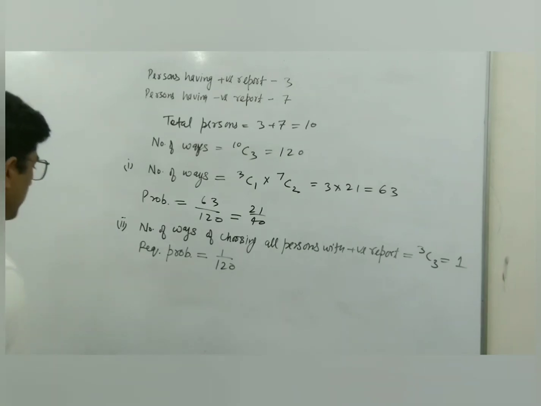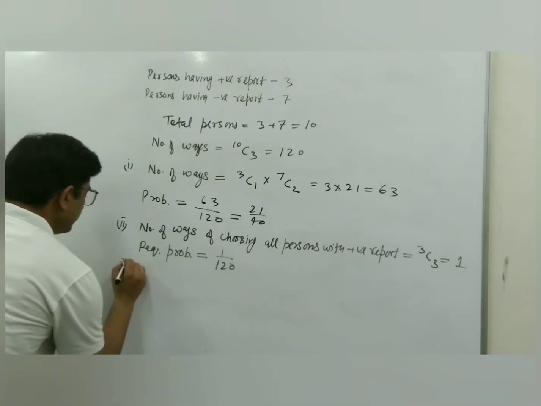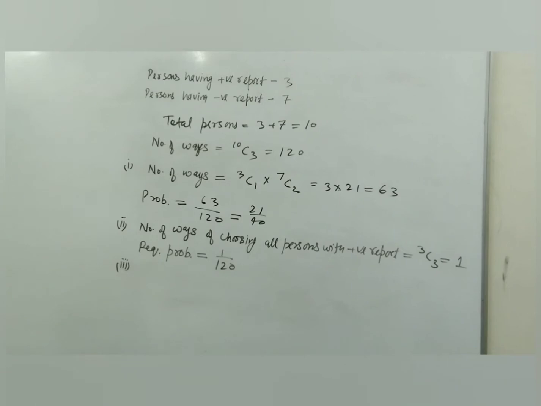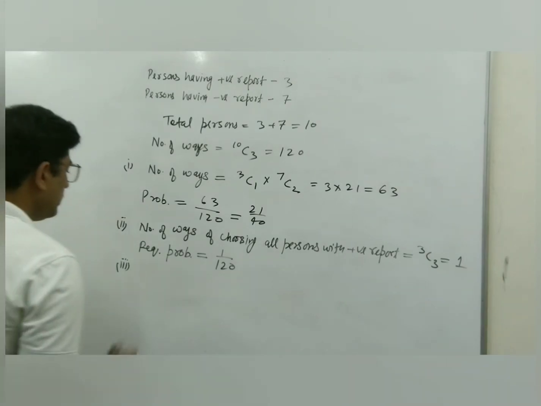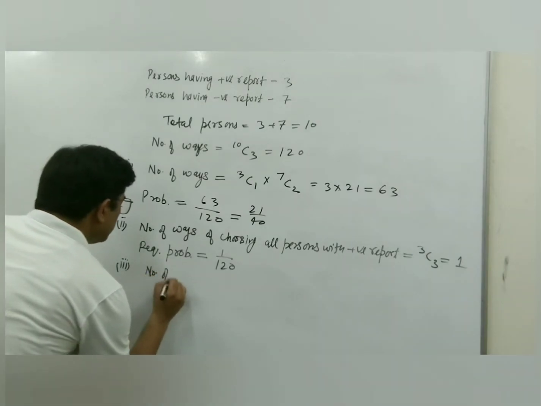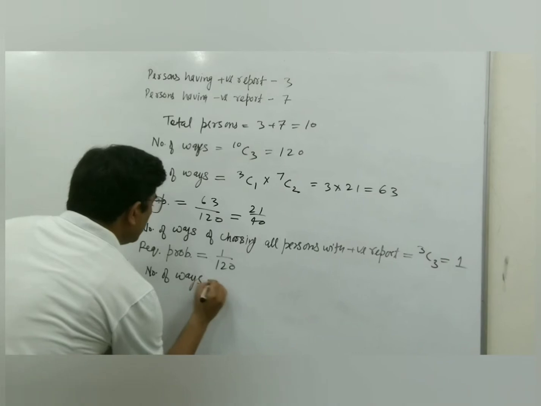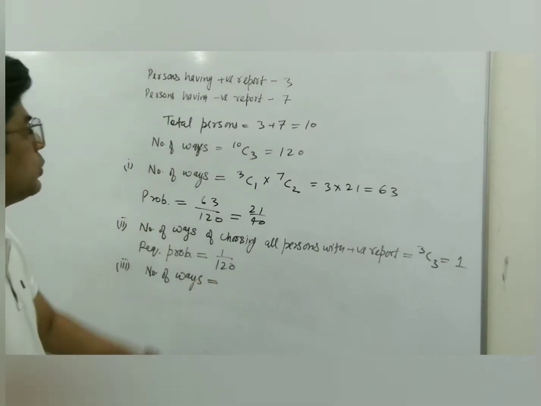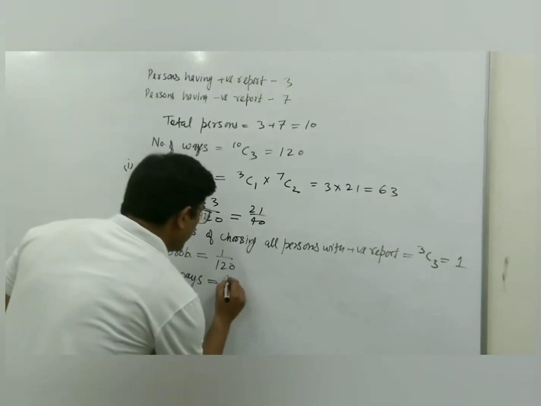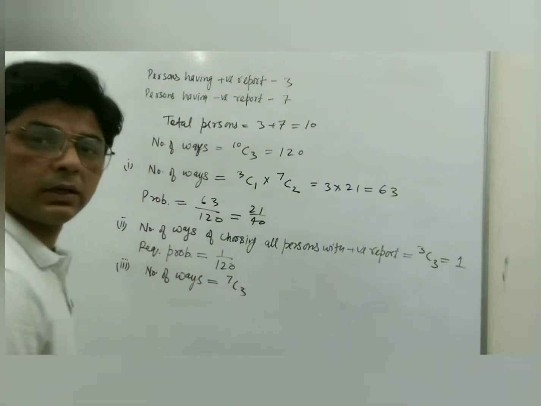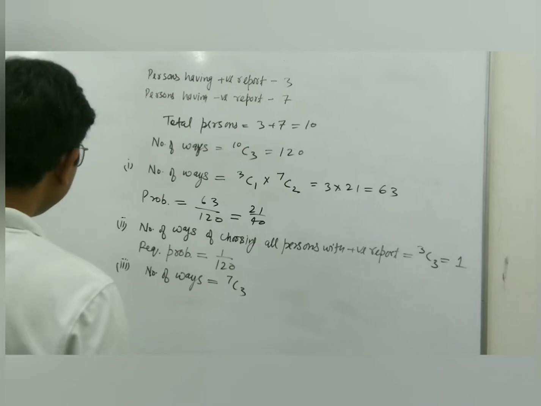In the third case, we have to choose 3 persons which have negative report. That is, we have to choose all persons which have negative report. So the number of ways in this case, we have to choose these 3 persons from 7 persons which have negative reports. So the number of ways are 7C3.